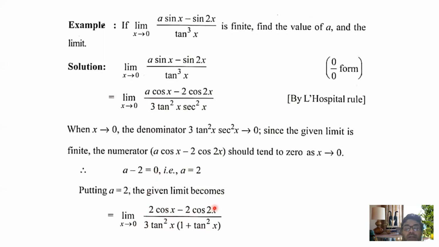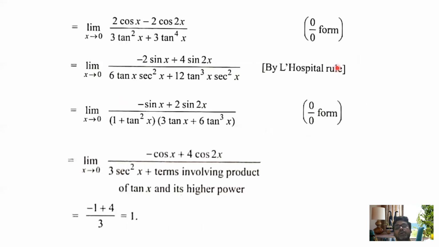Ultimately there is 2 minus 2 by 0, ultimately 0 by 0 form. Now use L'Hospital's rule to find this. That is minus 2 sin x plus 4 sin 2x, and here 6 tan x sec²x plus 12 tan³x sec²x. Using L'Hospital, now you substitute the value.